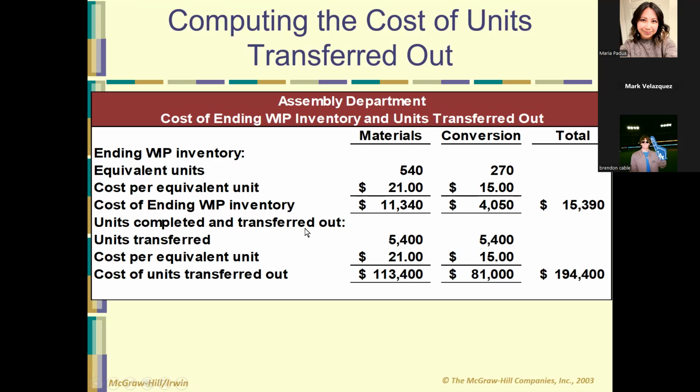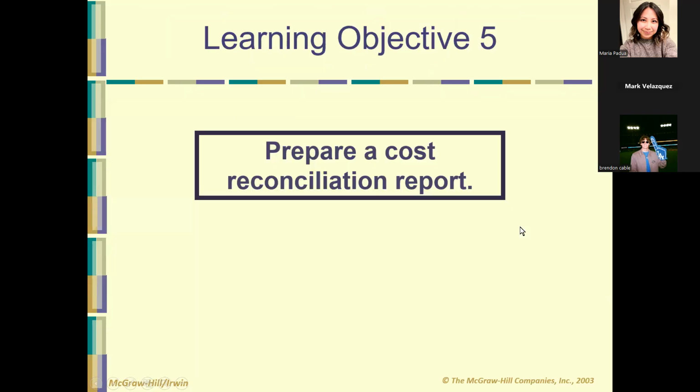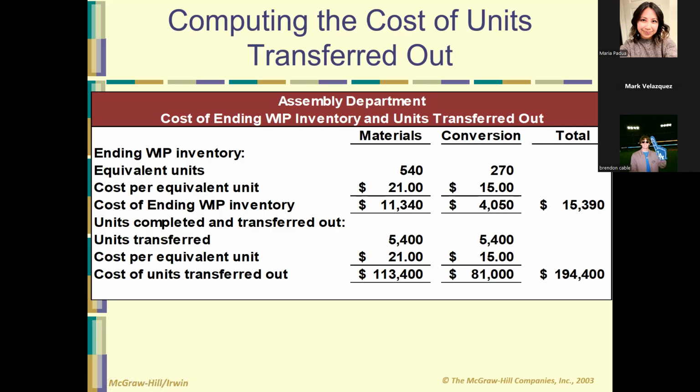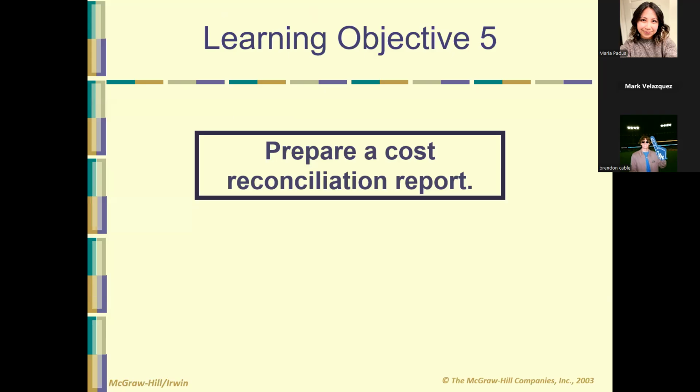We go to the transfers out. We transferred out 5,400. The transfers out are always going to be the same number. It's always 100%. You multiply these two out, and you get the 113 and the 81. Therefore, the total transfer out number is going to be the 194, and that's the 115 in the ending inventory.